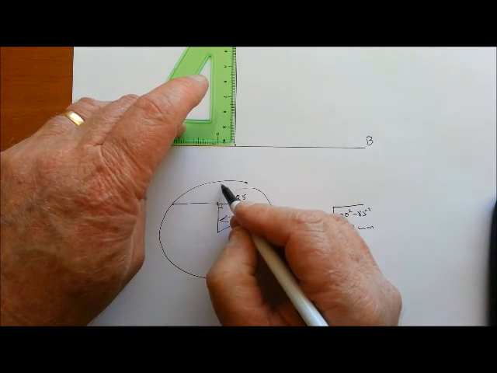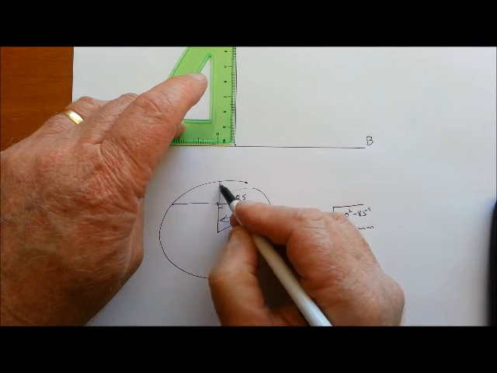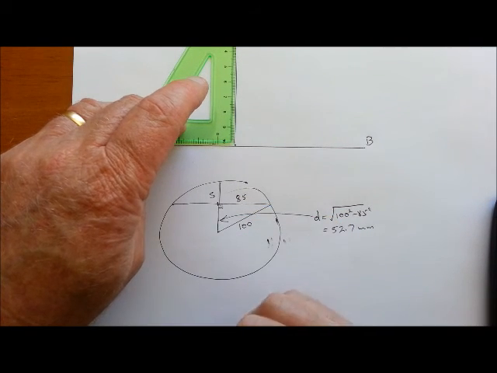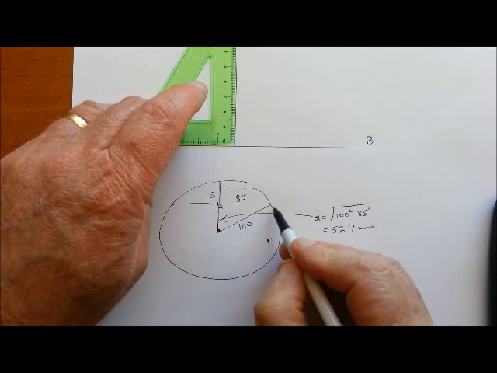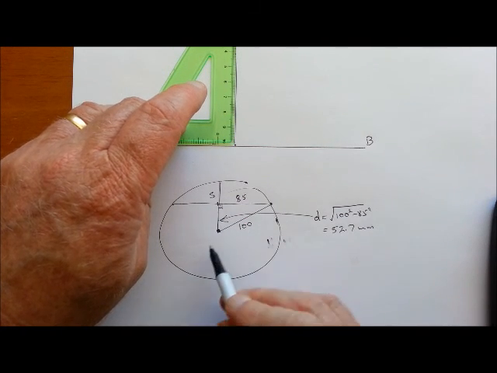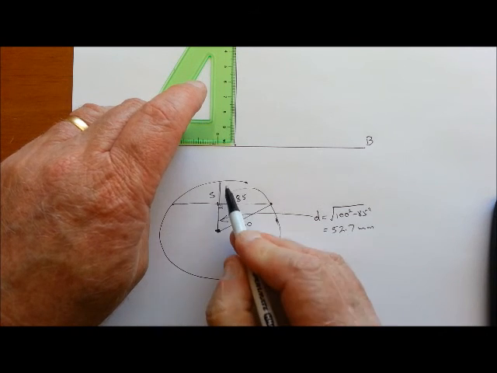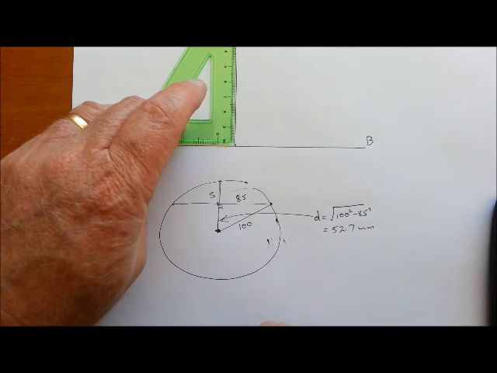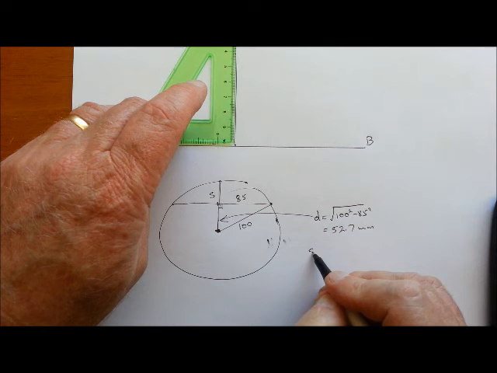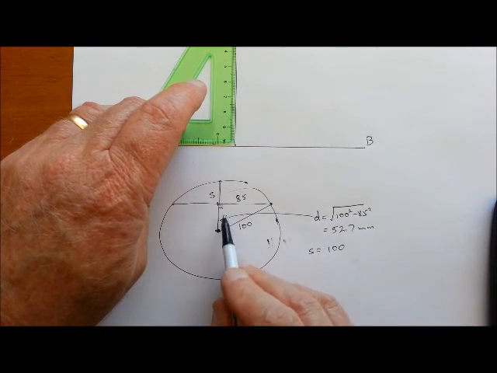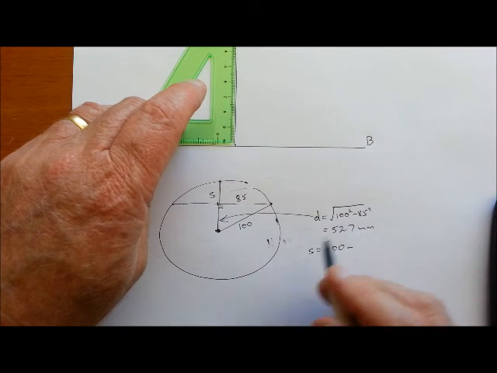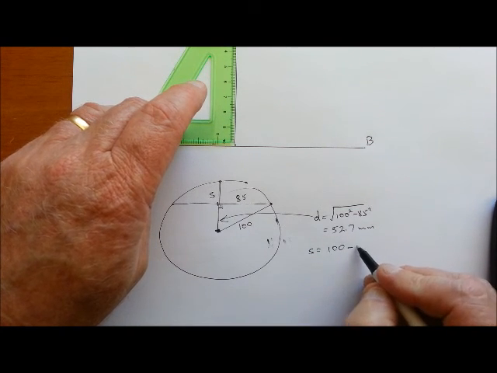Then what we really want to find is that little distance up there, S, that's the sagitta. Just like the distance from the centre of the circle out to there is the radius of 100, the distance from there to there is also 100. So our sagitta is going to be 100, which is that radius, minus this distance D that we've just calculated.